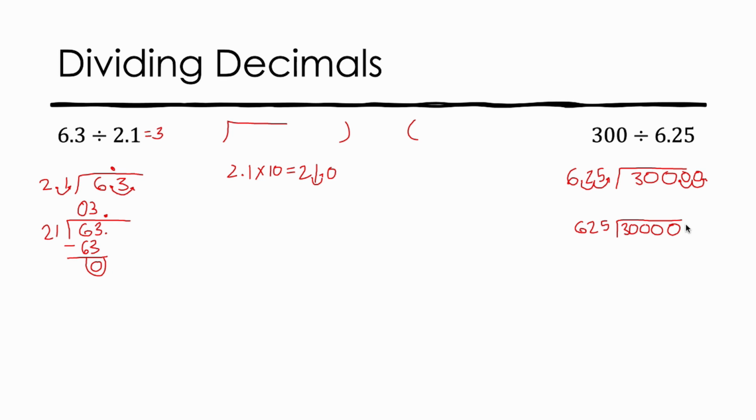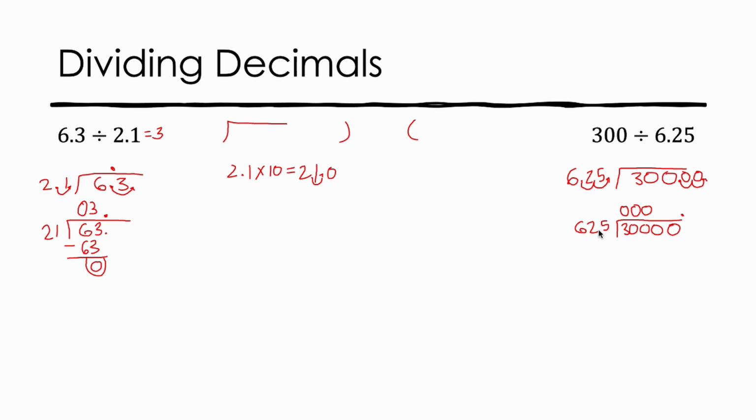Alright, let's do this. 625 goes into 3 0 times. And again, I'm putting the decimal point here. 625 goes into 30 0 times. 625 goes into 300 0 times. And yeah, this is tiring.